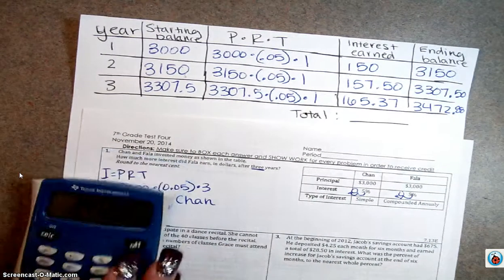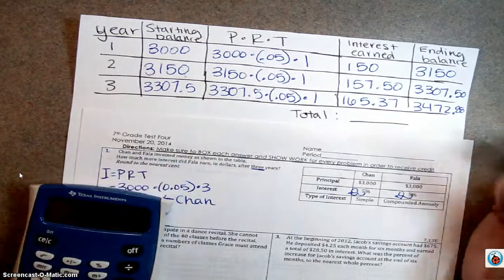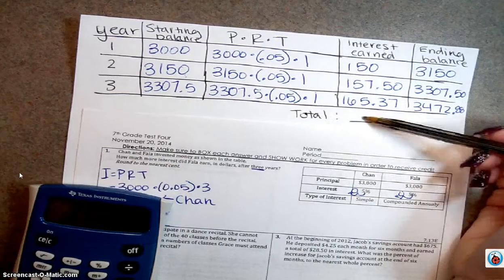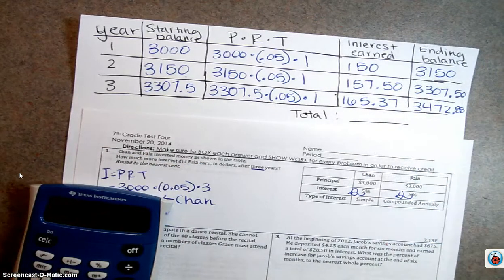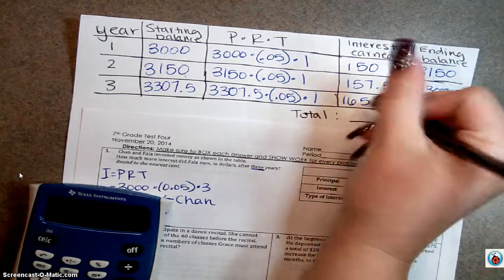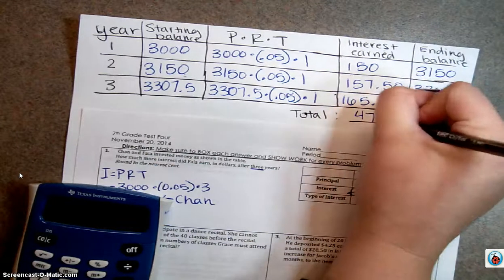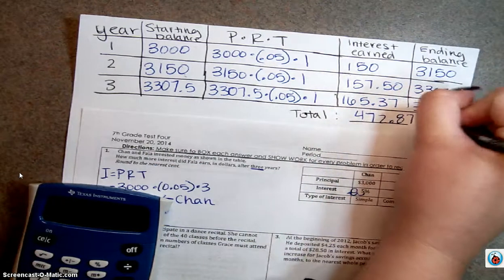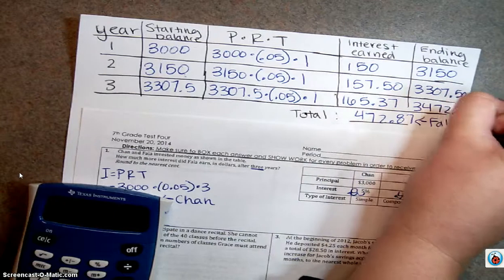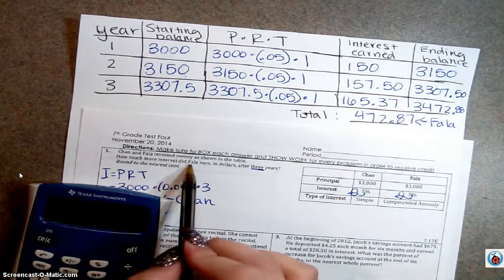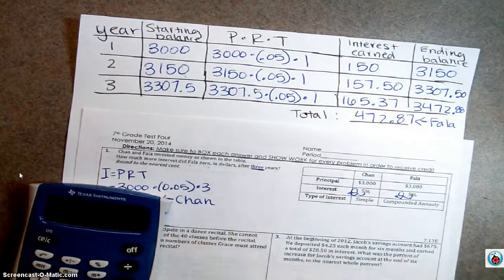Okay, so now to find the total interest she earned, all you do is add these up right here. 150 plus 157.5 plus 165.37. Okay, so Fala earned $472.87 in interest. Okay, now let's read the question again. How much more did Fala earn in dollars after 3 years?